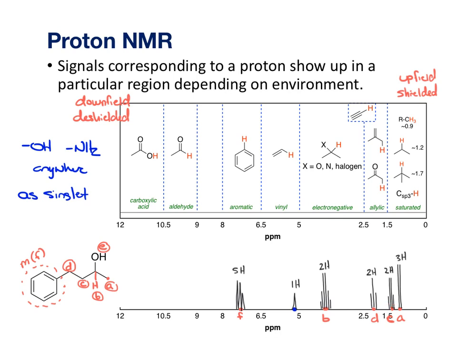C would be a quartet. D would be a triplet. E, which is the OH, I drew that as kind of a broad singlet. And F is this multiplet for 5 hydrogen, which is the aromatic ring. I put the integration numbers above each signal, which tells us how many protons each one corresponds to.